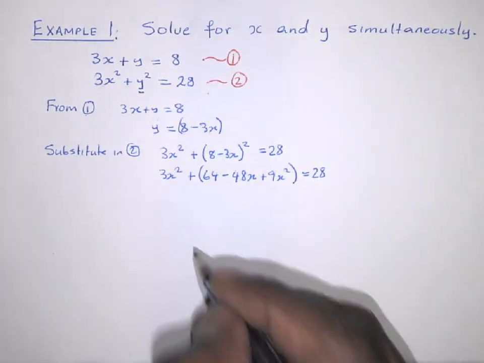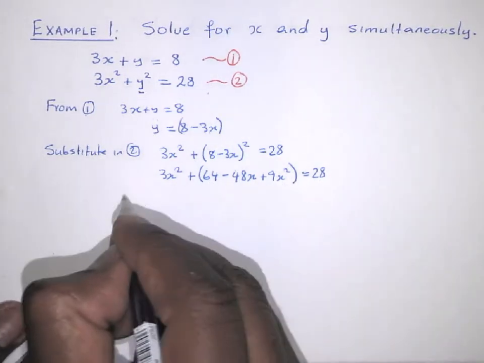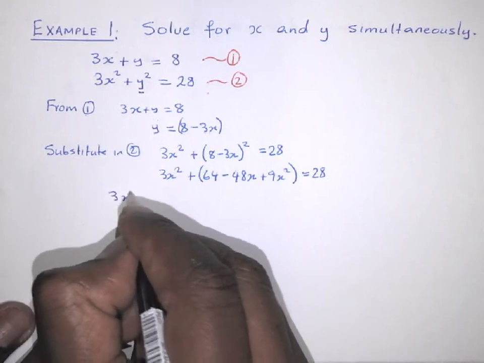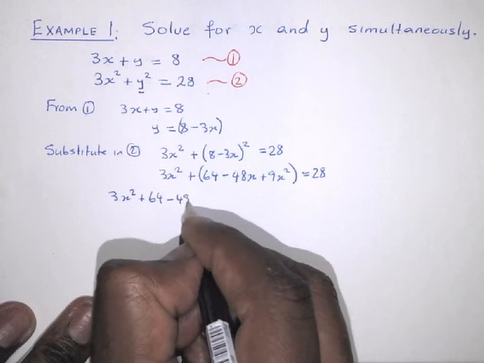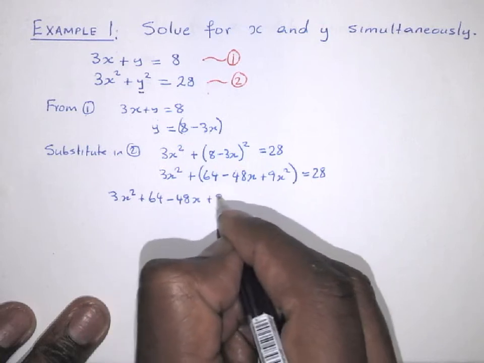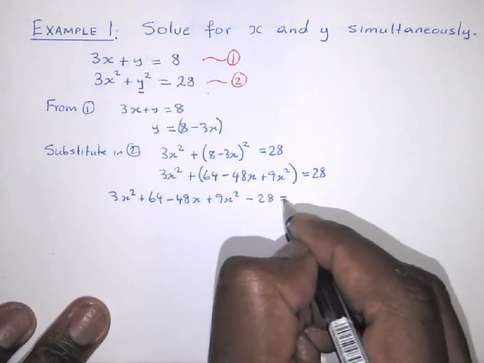And then when you look at this now, what can I do? I can now remove this bracket here. Let me write here. So I've got 3x squared plus 64 minus 48x plus 9x squared. Take this across as minus 28 is equal to 0.